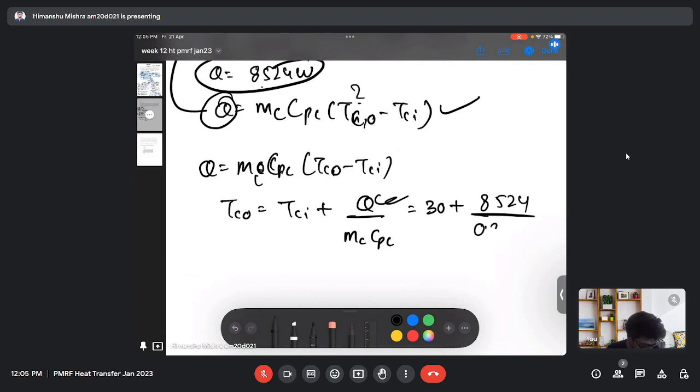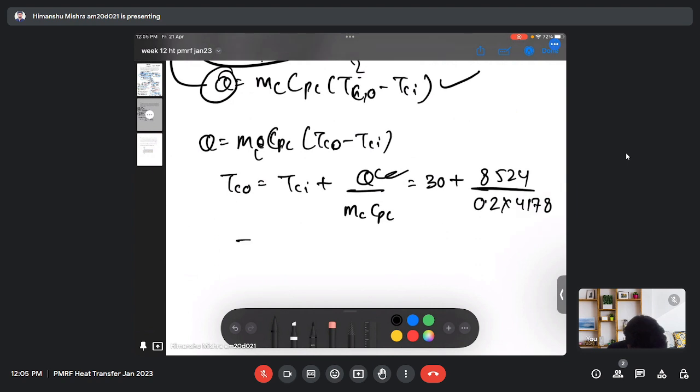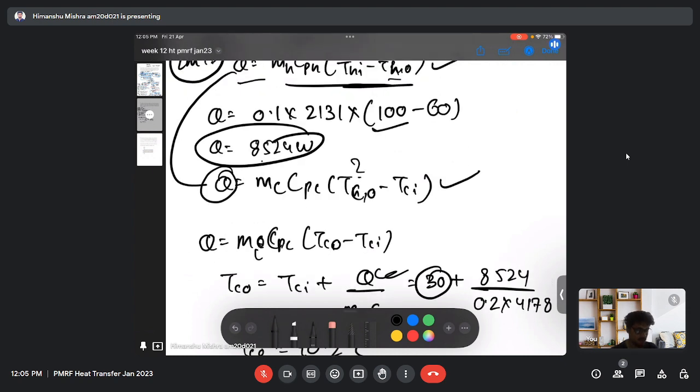My mass flow is 0.2 and my heat capacity is 4178 for water. So my outlet temperature for cold water is 40.2 degrees Celsius. Now we have all the temperatures: outlet cold 40.2, inlet cold 30, and these are my hot outlet and inlet temperatures.